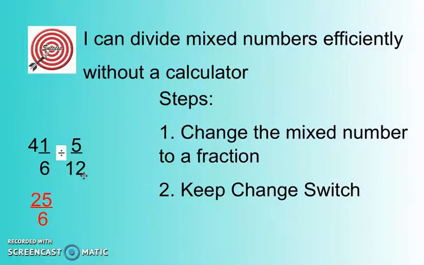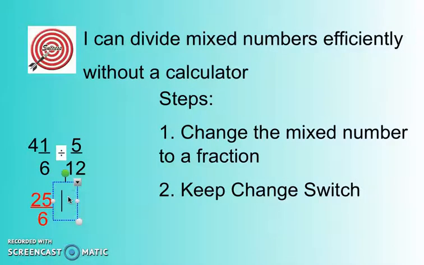But we are going to use what we learned in the last video, that we're going to change this to a multiplication problem to make it a little bit easier for us. What we're going to do is keep the first fraction the same, then change, and do you remember, what am I changing?